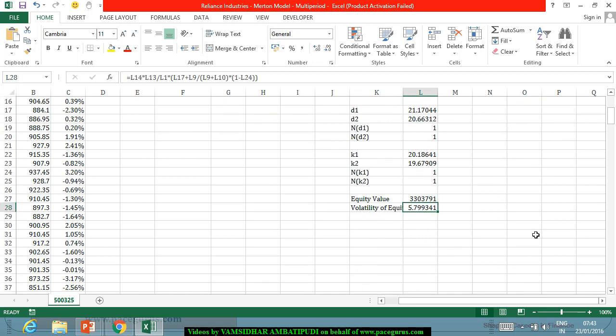Oh, I made some mistake somewhere. So it is this into this by this multiplied by ND1 plus D by D plus I times 1 minus ND1.